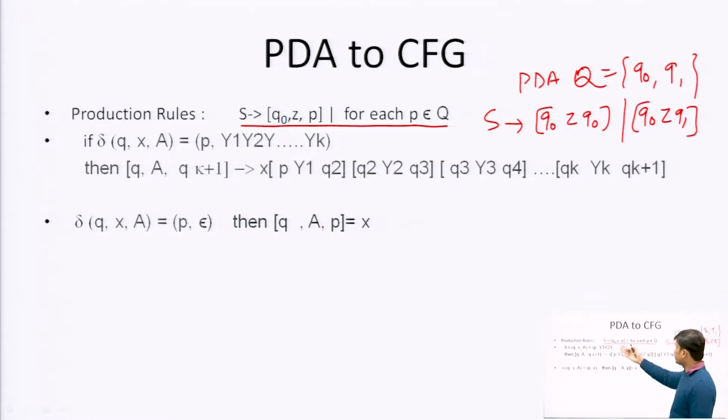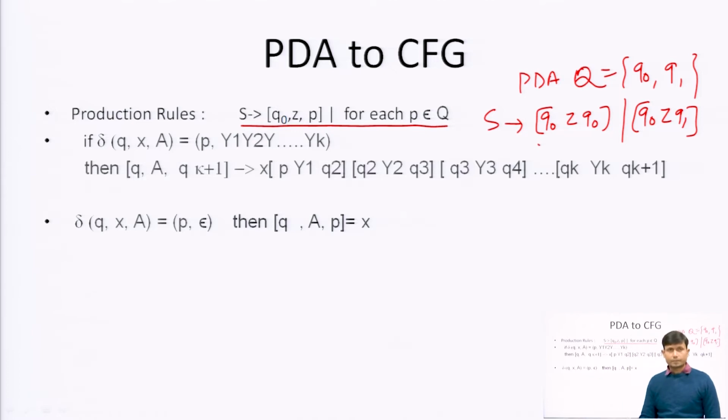You see S derives Q0 Z Q0, because each P belongs to Q. In Q we have Q0 and Q1, so S derives Q0 Z Q0, and S also derives Q0 Z Q1, where Q0 and Q1 are the two states. So this is the first rule.